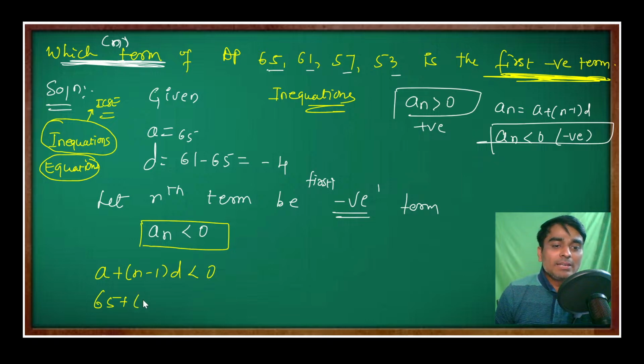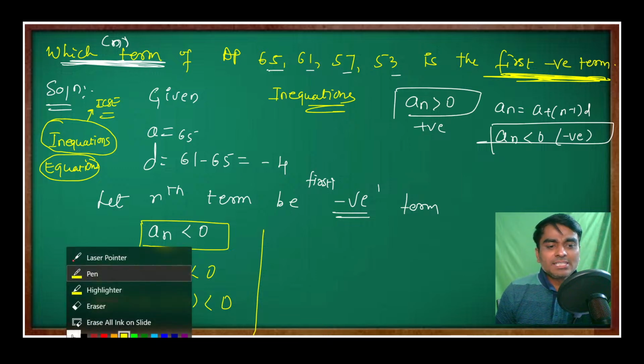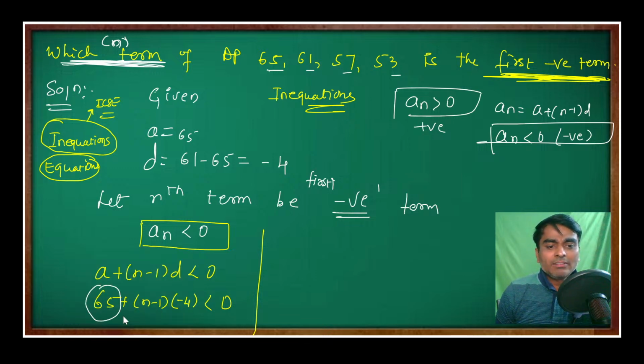So n I will keep as it is because I am going to calculate n only. What is my d? Minus 4, correct. And less than, here how much? 0, correct. Now I will shift this 65 to this side.